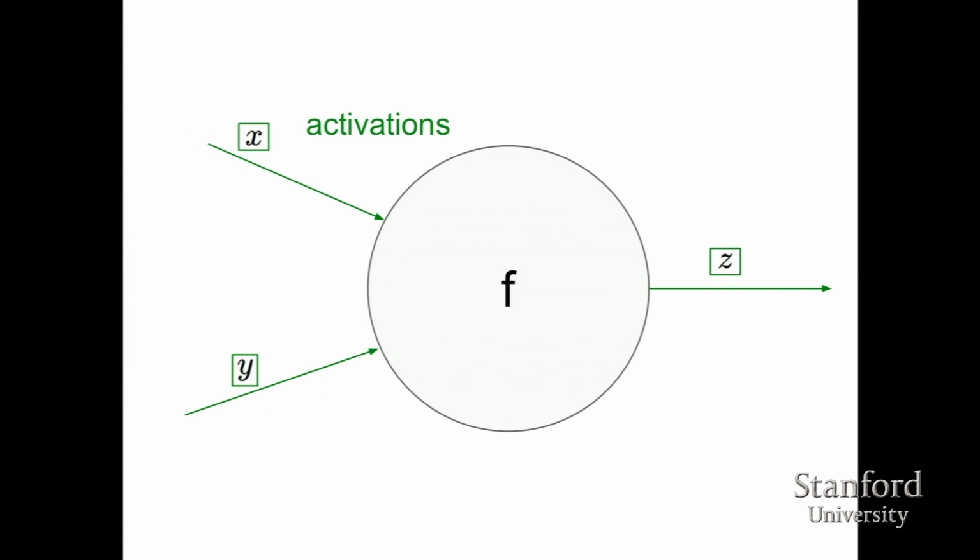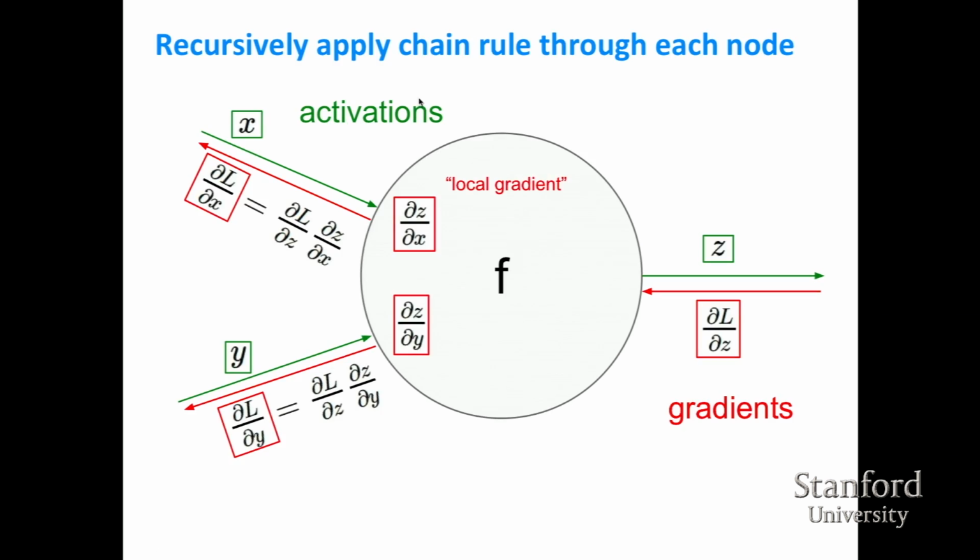All right, so in general, in this way of seeing all these functions as circuits, we always have some kind of input to each node in the circuit, and we compute some kind of output. And what's important is we can compute our local gradients directly during the forward propagation.